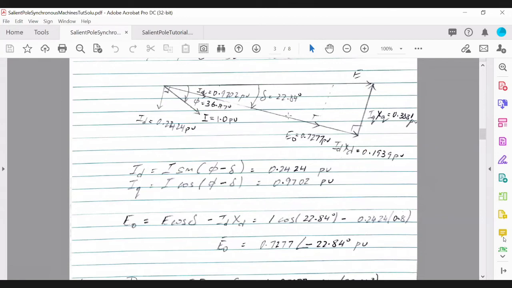From here up to here, that's E cos of delta, and then this small portion here is your phasor ID Xd, right?